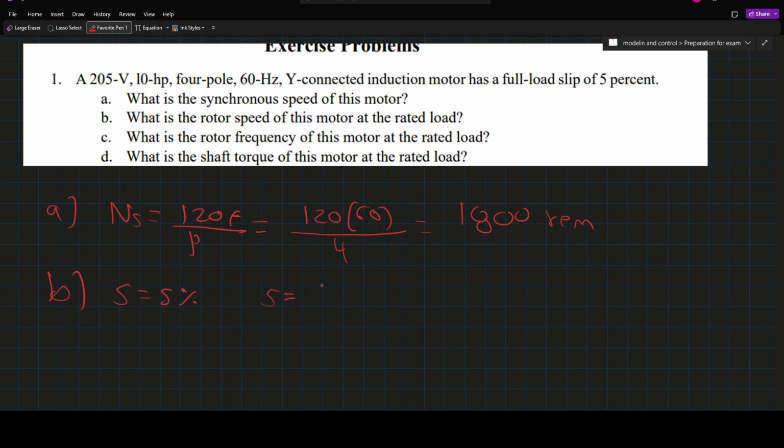And we know that our slip is going to be our synchronous speed minus our rotor speed, over our synchronous speed. So we can say that our rotor speed is equal to minus our slip times our synchronous speed plus our synchronous speed.